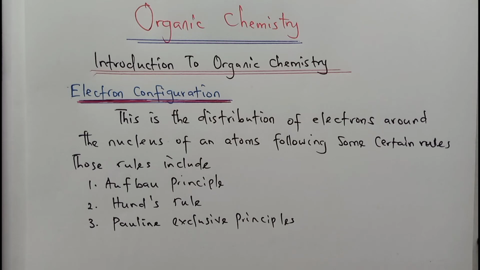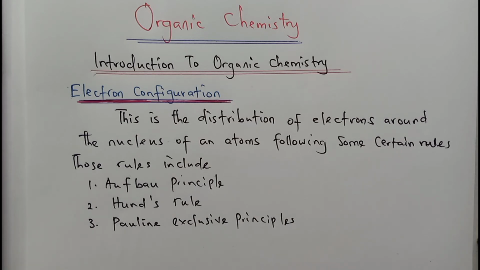This means that the total number of protons in the nucleus is 6. I hope you got me when I said the subparticles of atoms include proton, neutron, and electron, which I just described. And that of nitrogen is 7. It means that the total number of protons found in the nucleus of a nitrogen atom is 7.